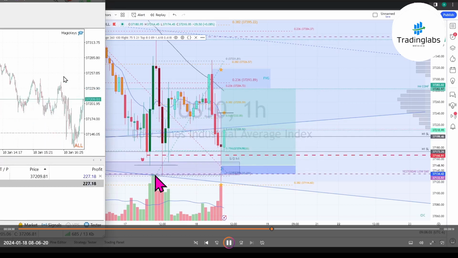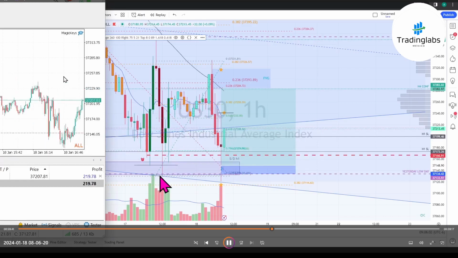So here I placed my Fibonacci retracement from here to here, and I saw a 0.78 intraday Fibonacci retracement coming from the demand zone, coming from the low of the day, coming almost from the 0.382 of the daily Fibonacci retracement.